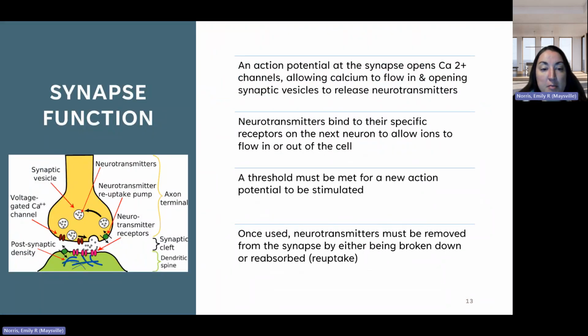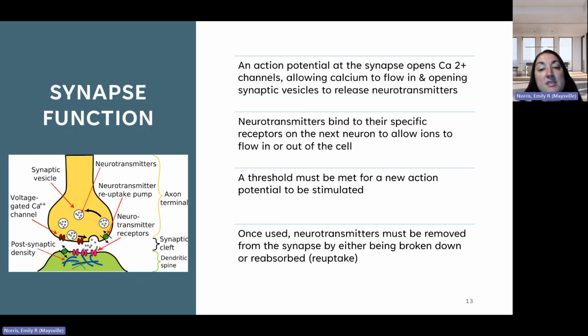So now we're going to talk a little bit more about the function of the synapse. An action potential at the synapse causes the calcium channels to open, which allows calcium to flow in.